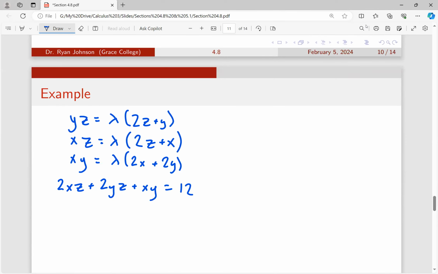All right. So we have 4 equations, 4 unknowns. We don't care what lambda is. So the fact that I can solve for lambda in all 3 of these means that yz over (2z plus y) equals xz over (2z plus x), and that's also equal to xy over (2x plus 2y).